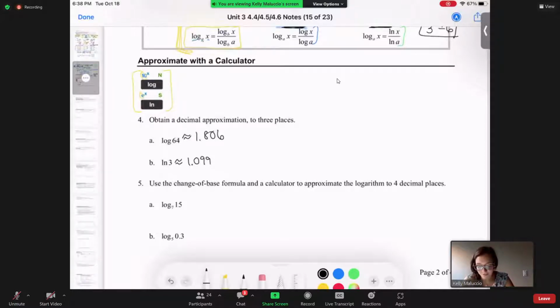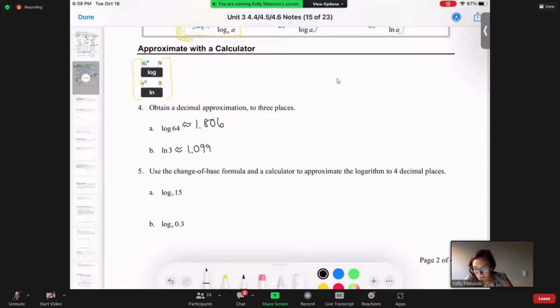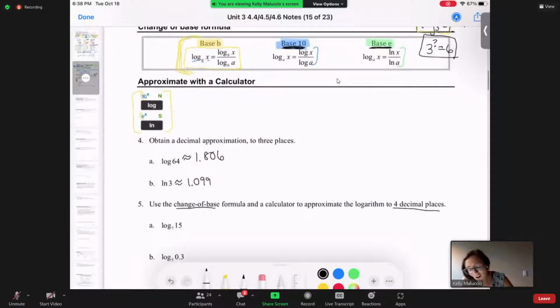Now the fun stuff. For number 5, use the change of base formula and a calculator to approximate to 4 decimal places. So again, if you want to be cool and use your base b, go for it. You can pick whatever b you want. But I'm a little bit lazy, but also, maybe traditional. I'm going to use base e, and you can also use log.